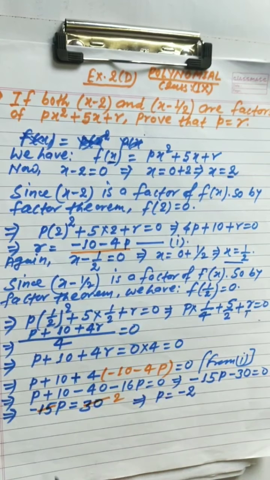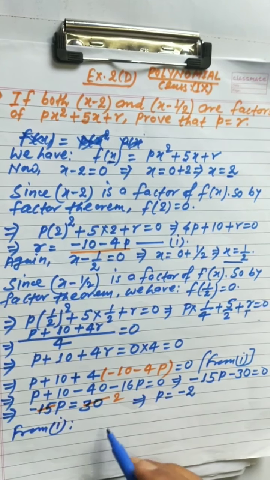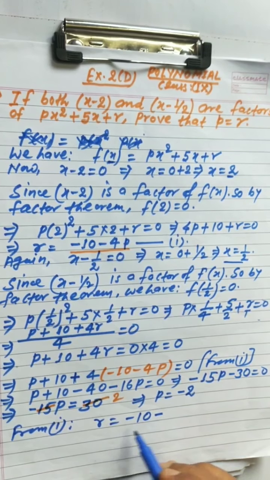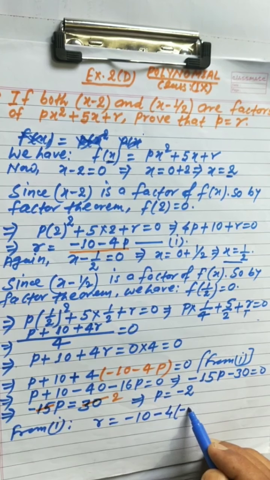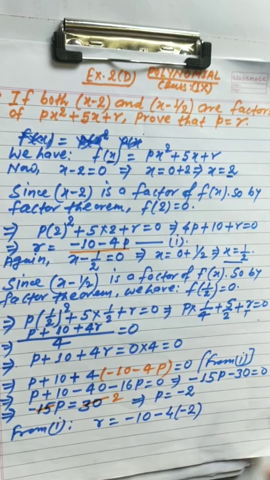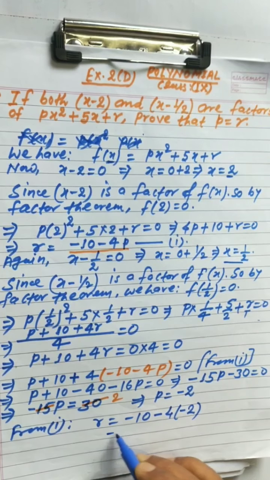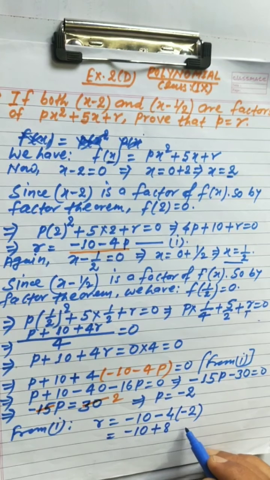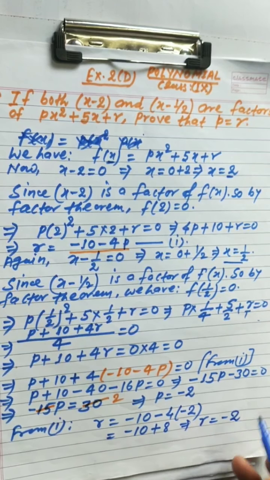Now put the value of p in equation first. From equation first, r is equal to minus 10 minus 4 multiplied by p, that is, the value of p is minus 2. It will be equal to minus 10 plus 8, and this implies that the value of r is also equal to minus 2.